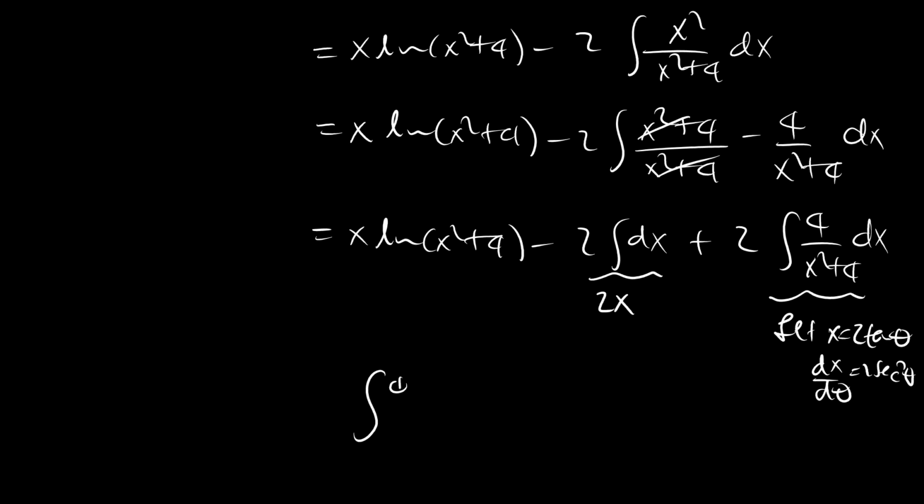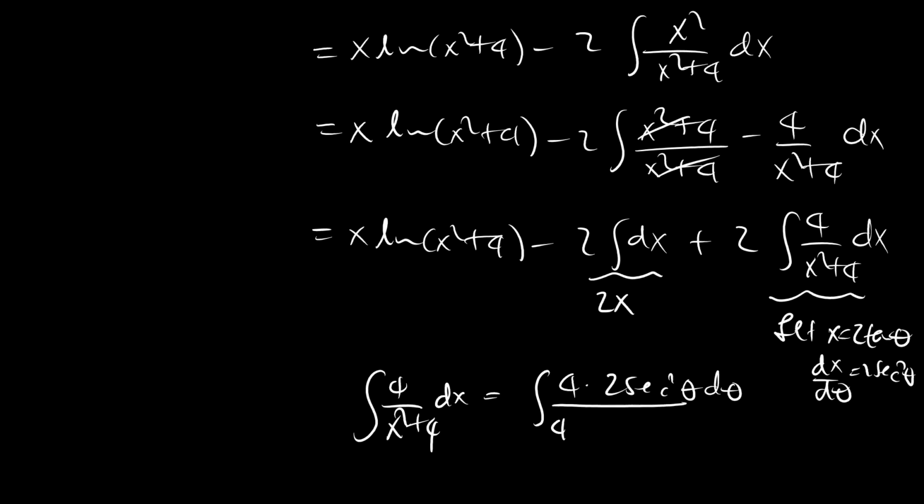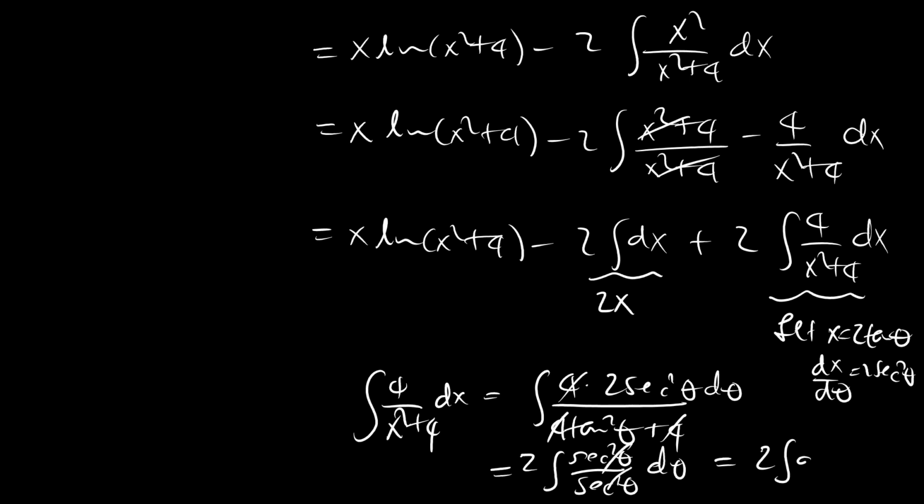And so for dx is 2 sec squared theta d theta over 4 tan squared theta plus 4, and the 4 can go out so that this would cancel, and we have 2 sec squared theta over sec squared theta, which is 2 times the integral of 1, which is 2 theta plus c.